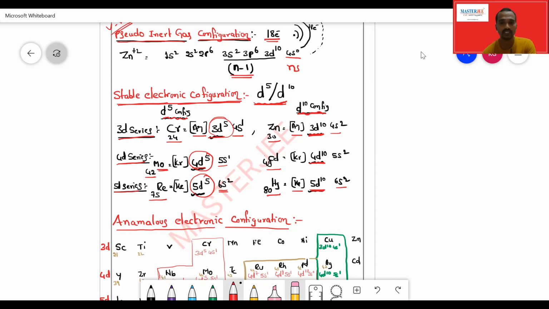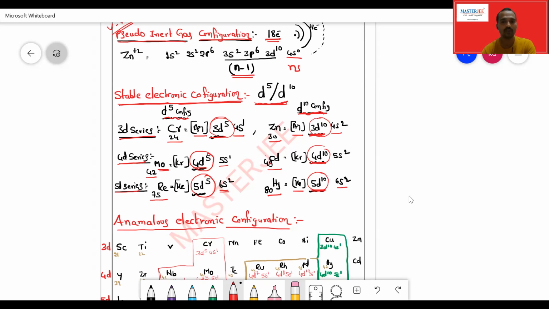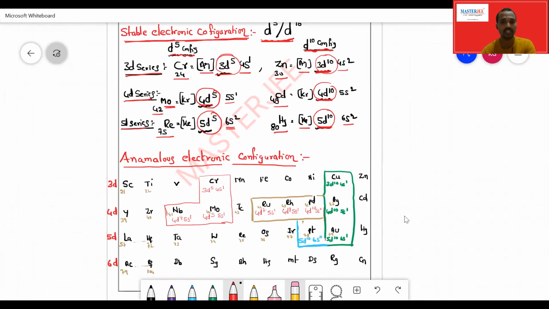So zinc exhibits 3d10, cadmium exhibits 4d10, and mercury exhibits 5d10 as stable electronic configurations. This is about stable electronic configuration and some of the examples.